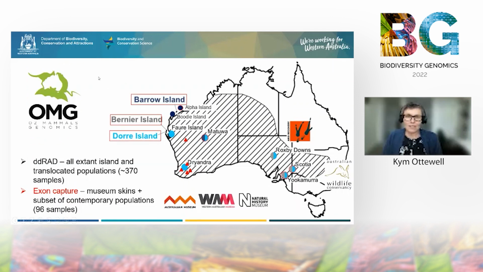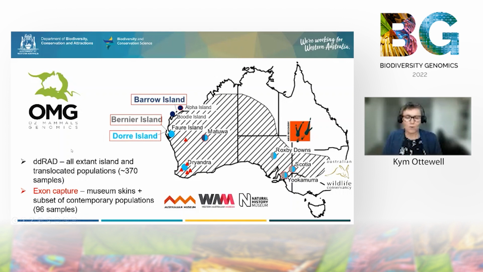This work was undertaken as part of the OzMammal Genomics Initiative, which provided sequencing resources for the project, and in collaboration with a whole suite of collaborators from NGOs, universities and museums, who provided us samples both from these reintroduced populations and also historical specimens that we were able to obtain.